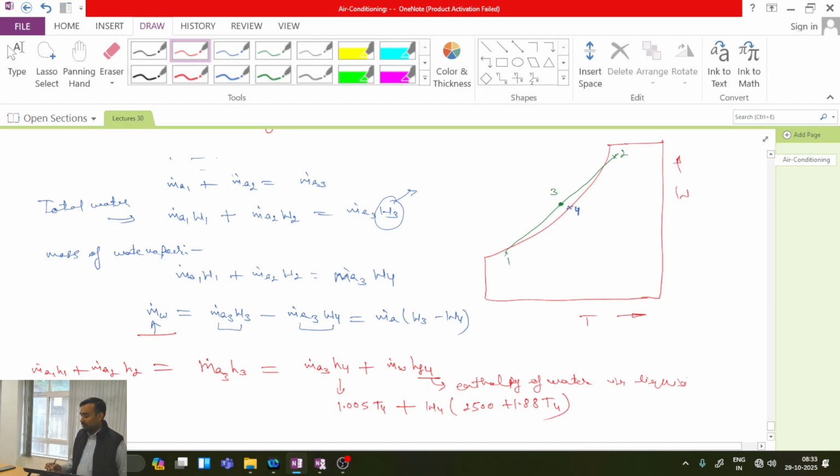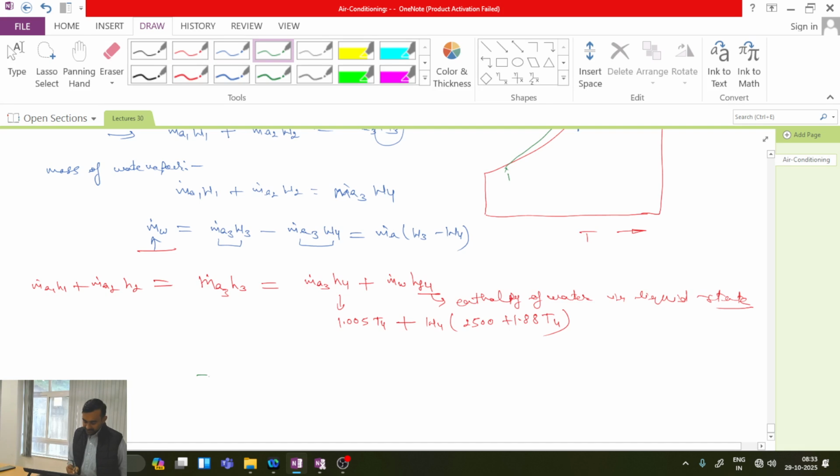Because the fog droplets are present in which state? Moist air contains moisture in the vapor phase, but fog droplets are contained in the liquid state. So let me write it.